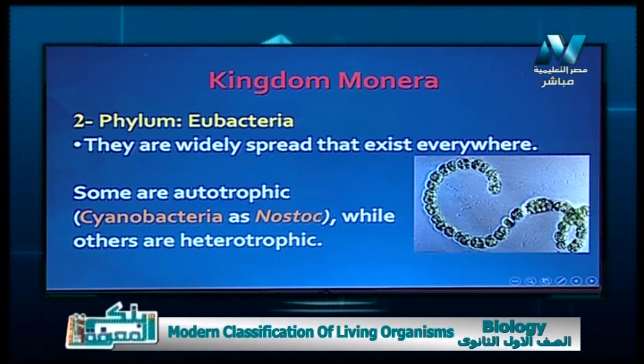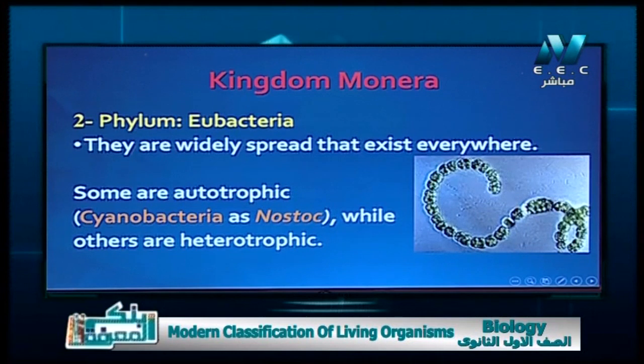What you see here is cells gathering near each other. They like to line up like beads. Each one of them is independent and can live alone, but in this organism, they like to stay adhering to each other.